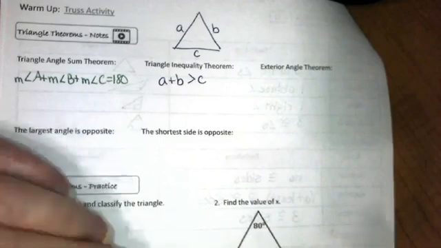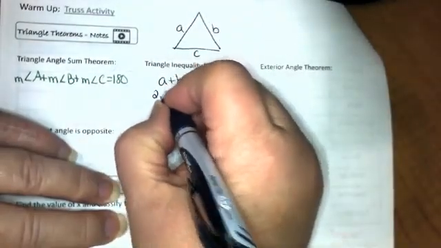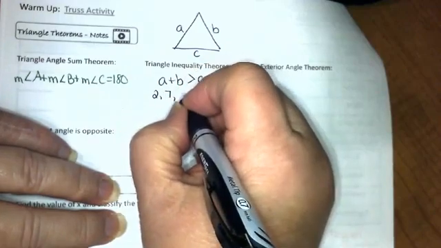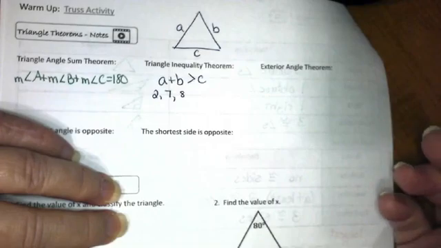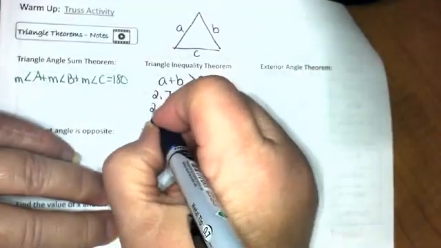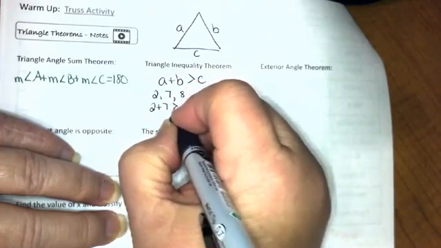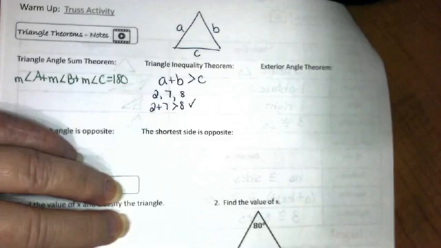So any two sides. So if I were to give you, say, 2, 7, and 8, and ask you, could that make a triangle? Well, you add together 2 plus 7, which is 9, and that's bigger than 8. So the answer would be yes, those make a triangle.